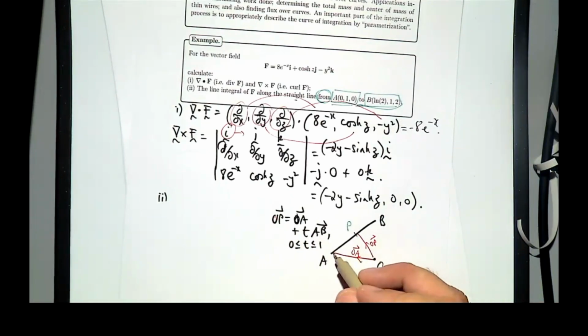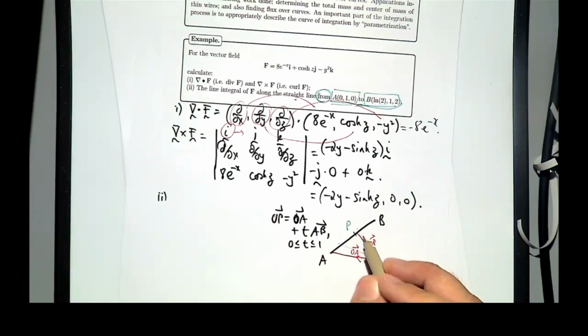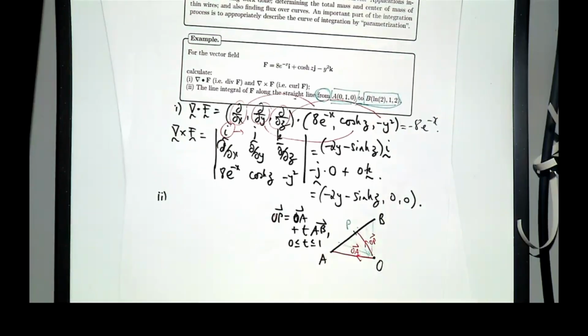OA. And then as t increases, we get all the way to B. Okay? So that's a real simple way of describing this line segment using first year Math 1131. Okay? Questions?